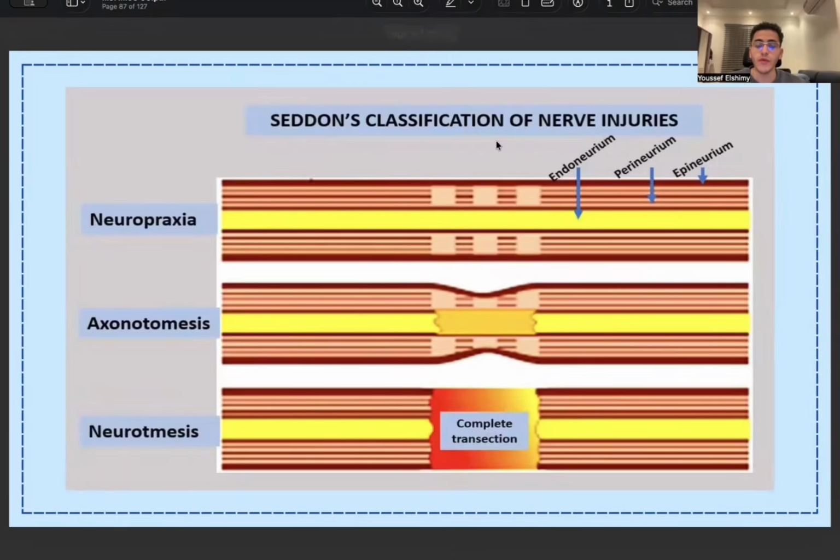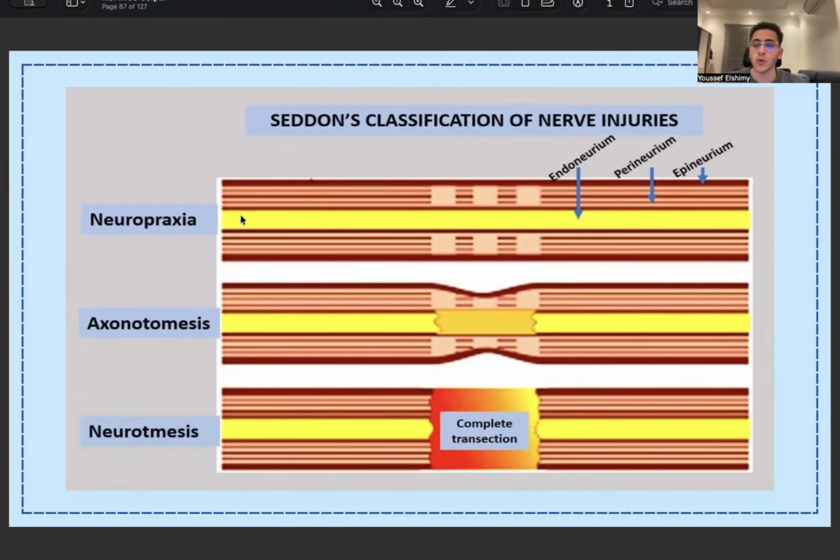Okay. Now moving on to how we can classify nerve injuries. We can classify them into neuropraxia, axonotmesis, and neurotmesis. Okay. So what happens in neuropraxia? Basically, it's just the stretch of the peripheral nerve. And this would lead to temporary loss of function that is regained in a few days.